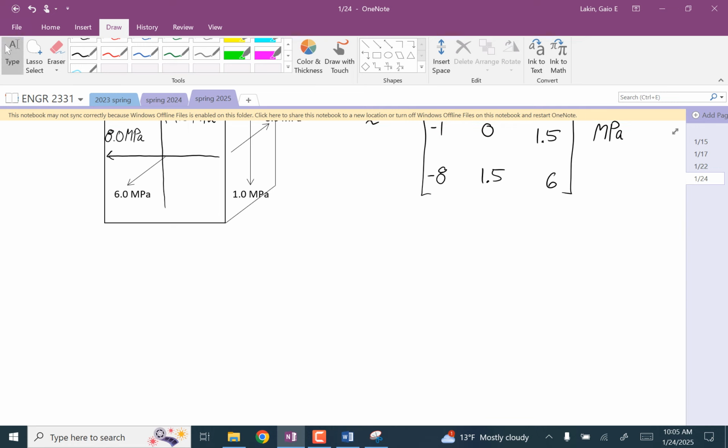Okay, so we talked about how to calculate the normal strains. So let me do an example. We're going back to definitions of the strains.